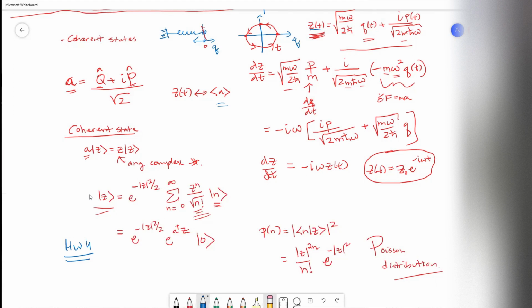And what you find is that its spectrum is any complex number, and the eigenvectors are these z states, which are called coherent states. They have interesting properties, which you'll study for the homework. Any questions about that?